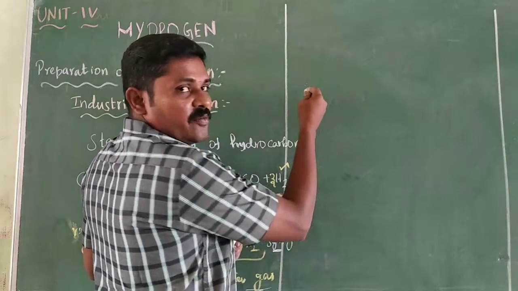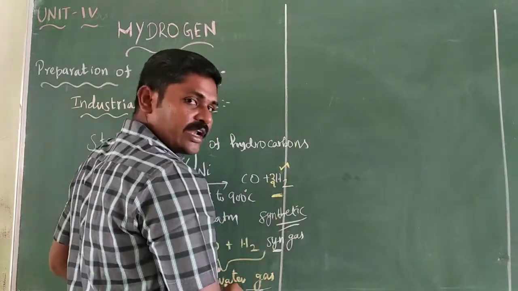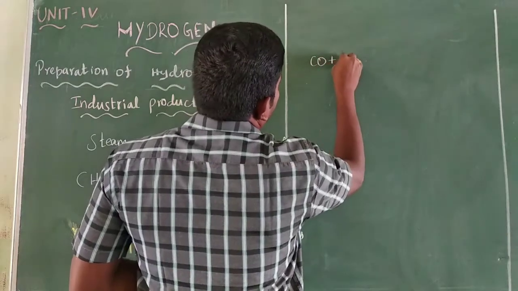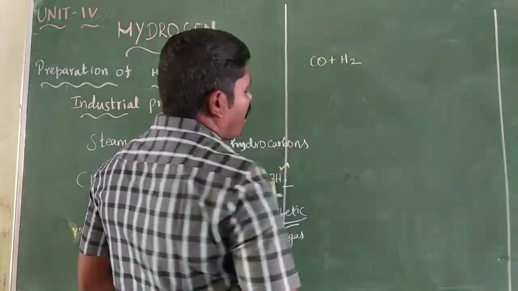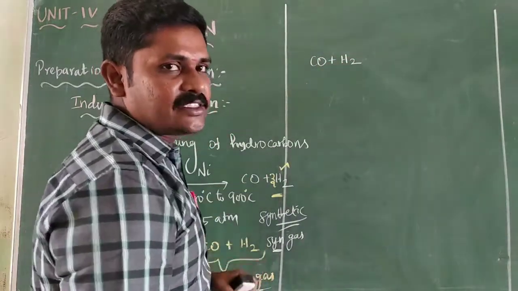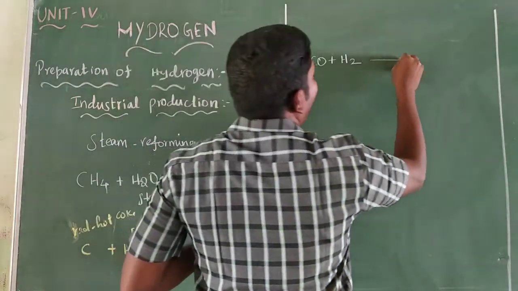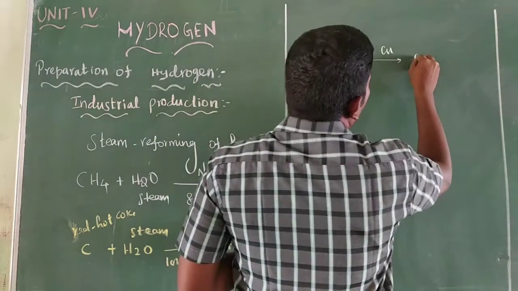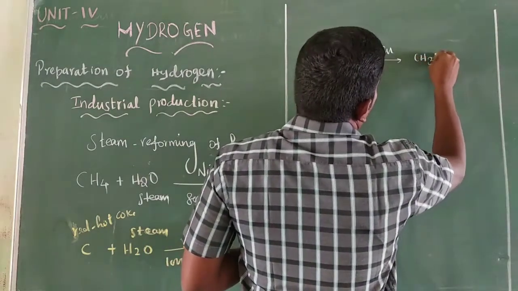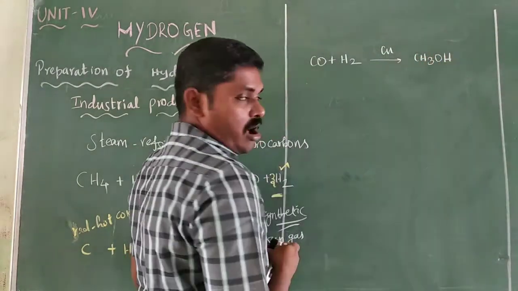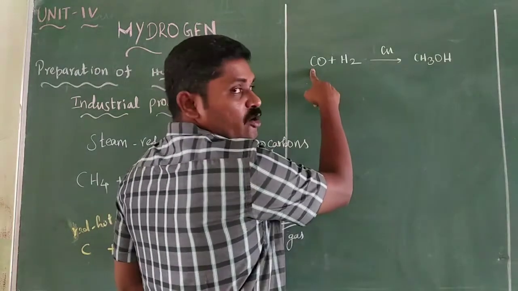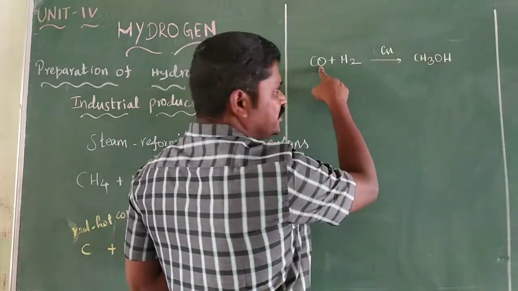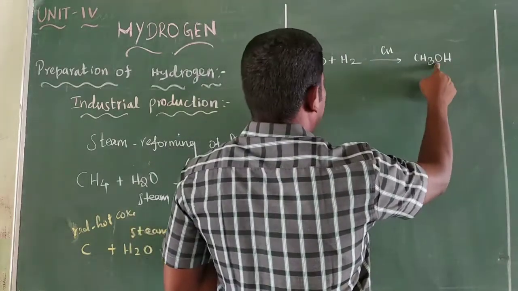Example, the preparation of methanol from water gas or syngas. Carbon monoxide and hydrogen, the mixture of water gas or syngas, is passed over a copper catalyst to give methanol. On the reactant side 1 carbon, product side 1 carbon, reactant side 1 oxygen, product side 1 oxygen.